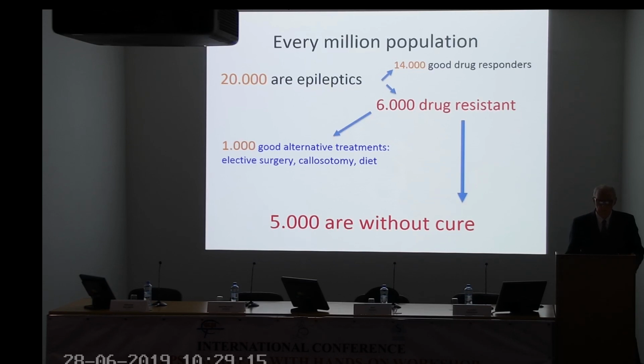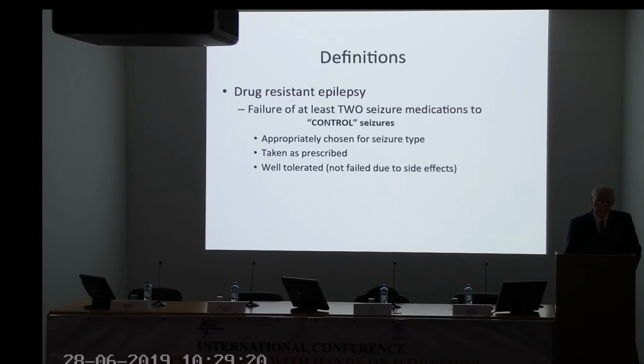So to this point, we are interested in vagal nerve stimulation. What is drug-resistant epilepsy? It is defined as not having good control of seizures after the use of two drugs, provided that the drugs are appropriately chosen for the seizure type, taken as described, and well tolerated without too many side effects.